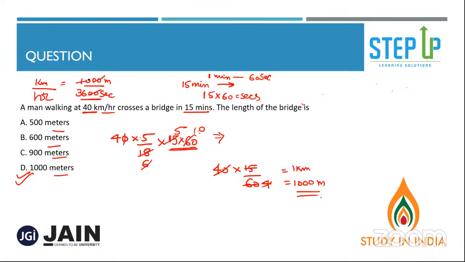When you cancel this, you will get 5 by 18. That's the generalization we follow every time. Kilometer per hour to meter per second, you need to multiply by 5 by 18. Meter per second to kilometer per hour, you need to multiply by 18 by 5. All right, Manish? I hope it's clear, people. Fairly simple one. Shall I move on?